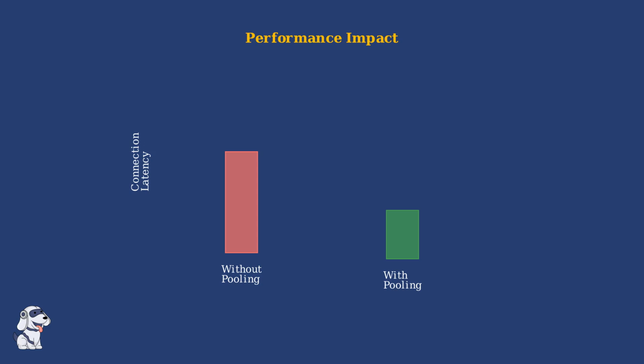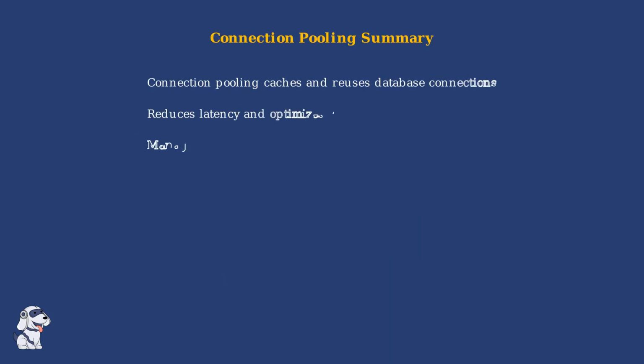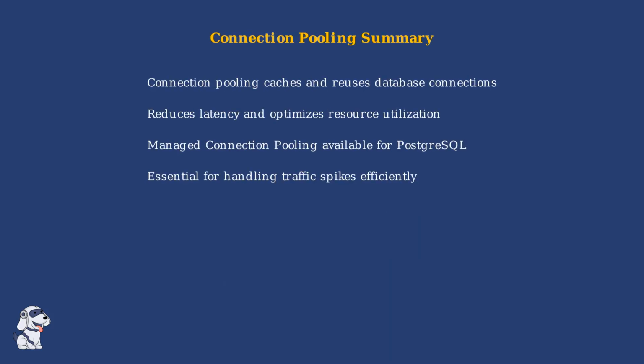Applications without pooling experience significantly higher connection latency, while those using connection pooling achieve much faster response times and better resource efficiency. Connection pooling is a critical optimization technique that caches and reuses database connections, significantly reducing latency and improving resource utilization. Google Cloud's managed connection pooling for PostgreSQL provides automated optimization, making it essential for applications that need to handle traffic spikes efficiently.